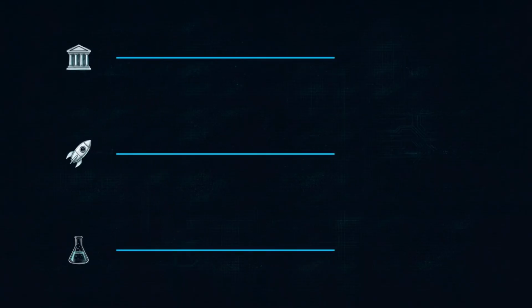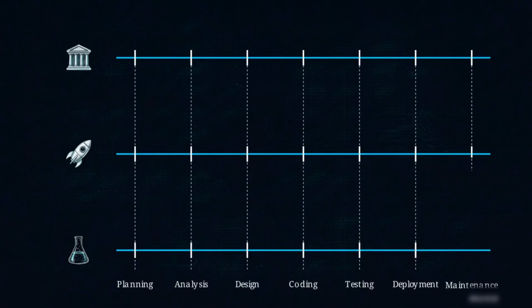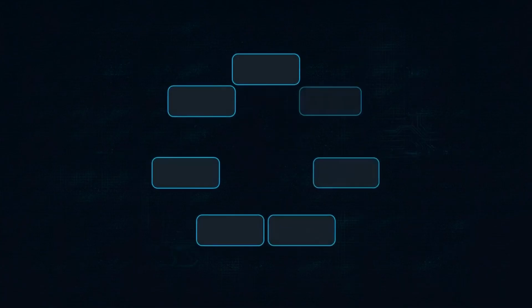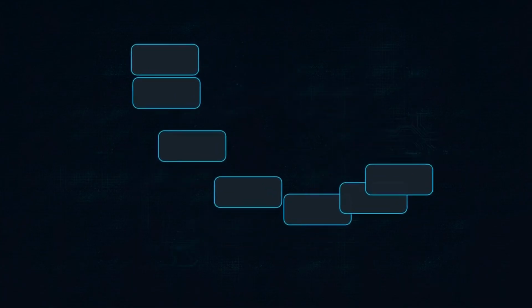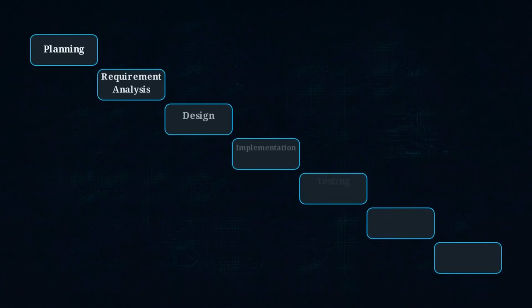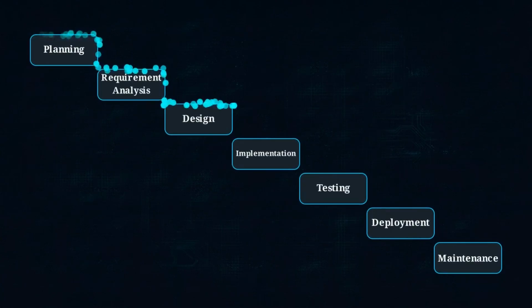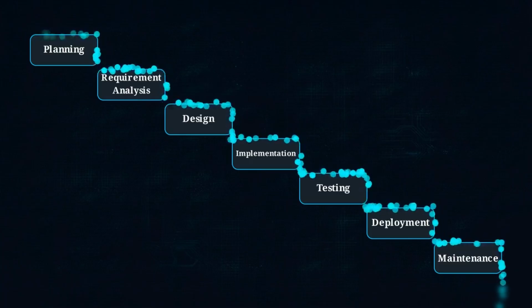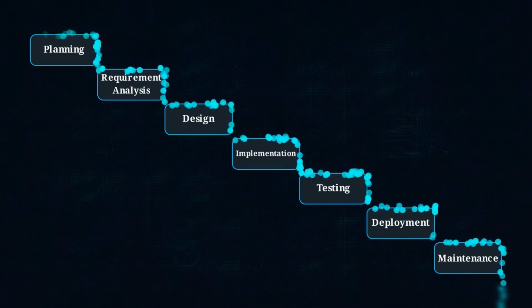Does every single software project, whether it's an app for a local bank, a fast-moving startup, or a theoretical research lab, have to follow these 7 phases in the exact same chronological order? The phases themselves are universal, but the strategy of execution changes based on the project's specific needs. That leads us to the oldest and most rigid execution strategy in software engineering, the waterfall model.